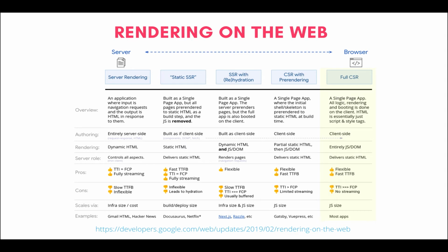Continuing on with the next approach, we have client-side rendering with pre-rendering. Well, if you ever used Gatsby before, you might be familiar with this approach. So we are actually building our website like any other single page application. The only difference is in the build process. So in here, when we execute the build process, we are actually building all of our pages in advance.